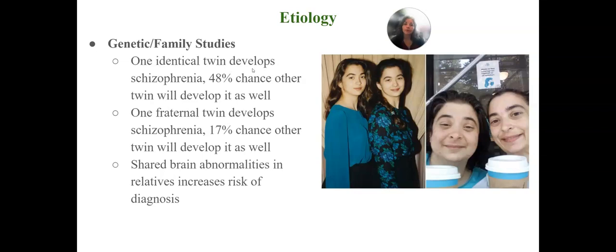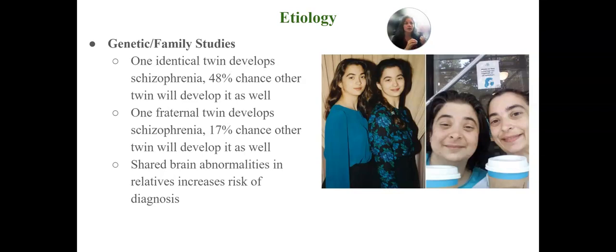When you talk about what the underlying causes are, we definitely think there's a genetic component. When we're talking about twin studies and we compare differences between identical twins and fraternal twins, or monozygotic, where they came from the same egg and share 100% of the same genetics or DNA, as opposed to dizygotic or fraternal, where they came from different eggs and don't have 100% of the same DNA.